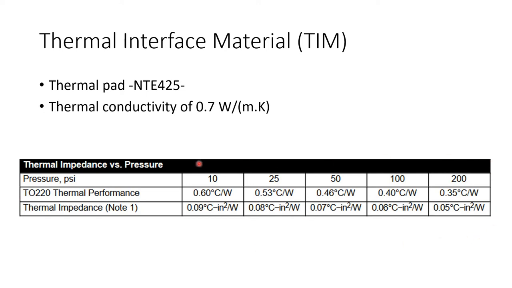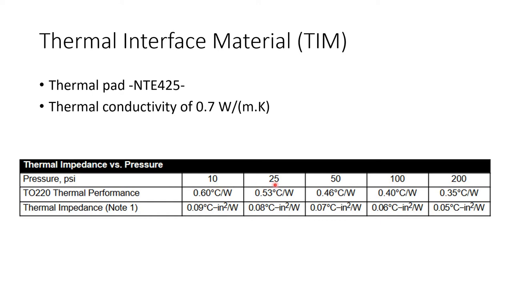In general, a table is given for most of the thermal interface materials, because, as I said, thermal resistance depends upon the pressure that you apply on the material. In the datasheet, a thermal impedance versus pressure table is given for a TO220 package, which is the package that we are using in our case.